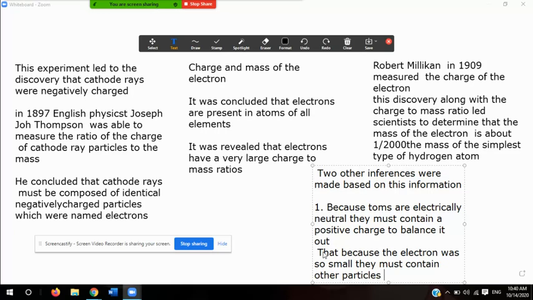So basically, they said, okay, one, there has to be a positive charge. Two, besides the positive charge, there has to be some other type of particles to make up the rest of the mass because the electron is not really that large.